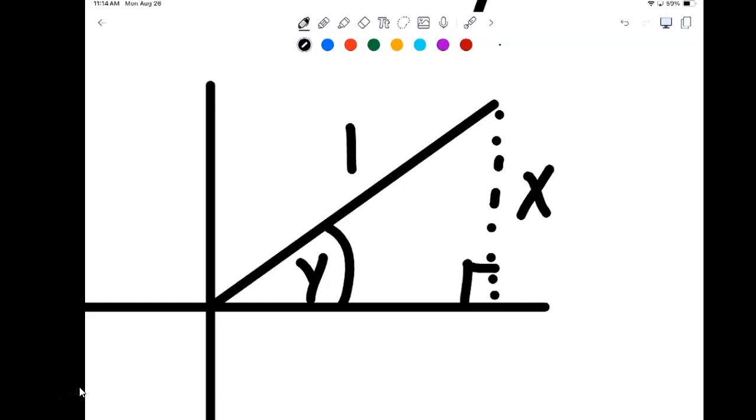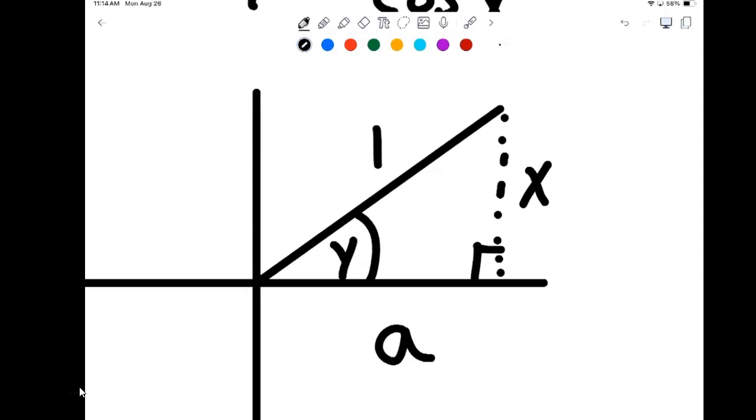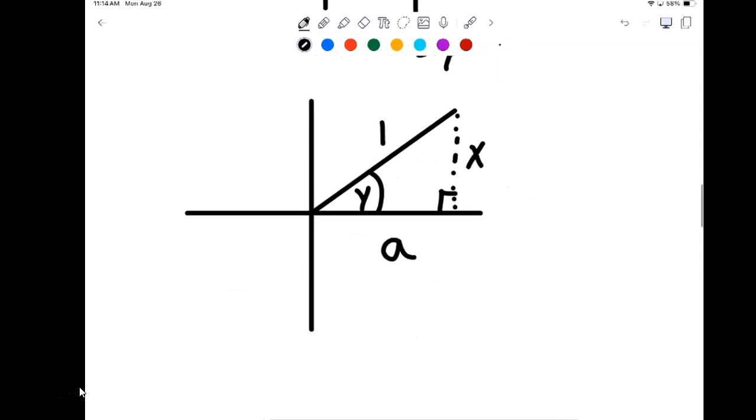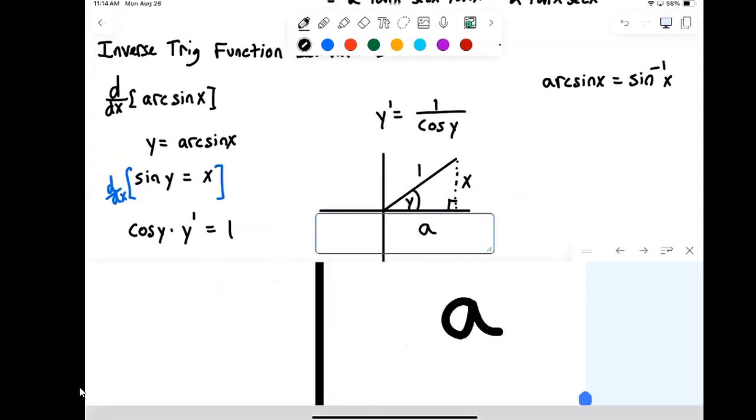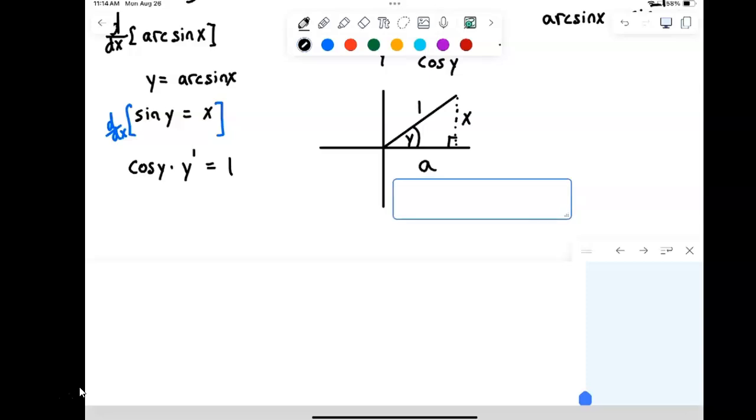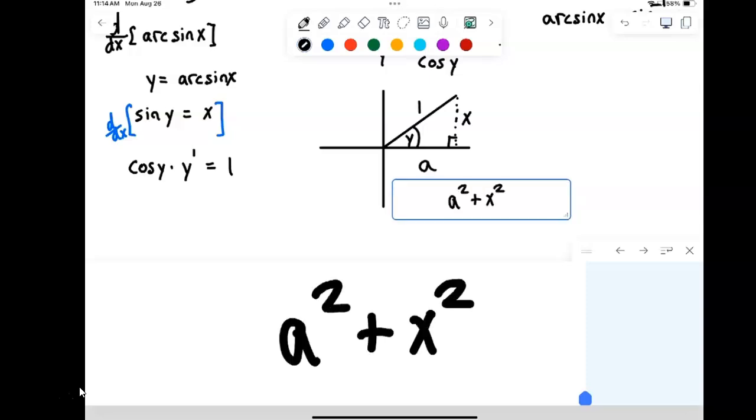For the moment, let's call that A. And then we use the fact that we know the other two sides of this triangle to work out what A will be. That would be A squared plus x squared equals 1.